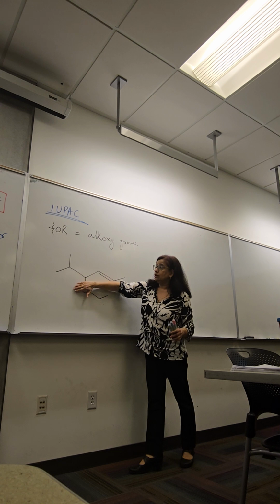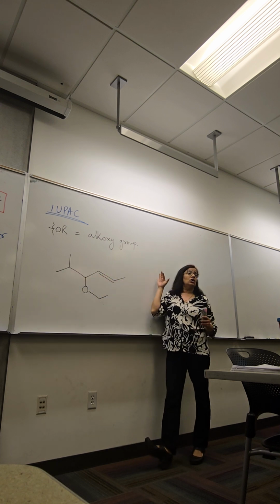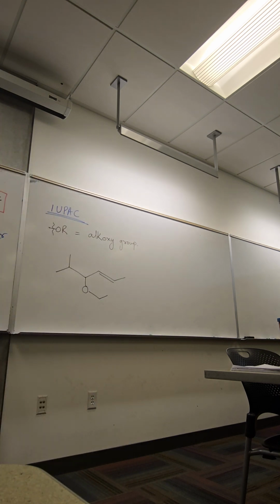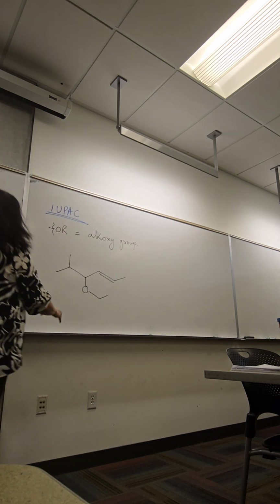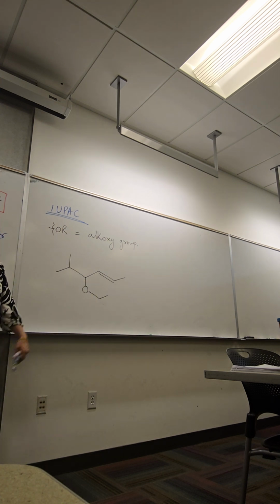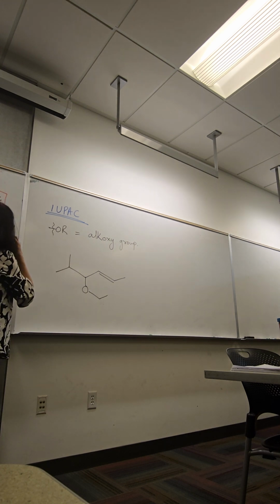It is actually the group. The parent becomes the longest continuous chain, either an alkane or an alkene or an alkyne or an alcohol, whatever the parent is. Ether is just a group. Everybody okay? So how do we name this stuff? Because we've done this before. So what do you think will be the name for this guy?